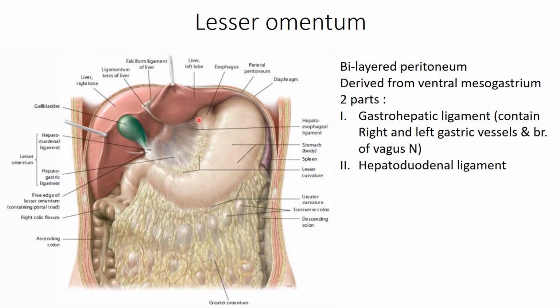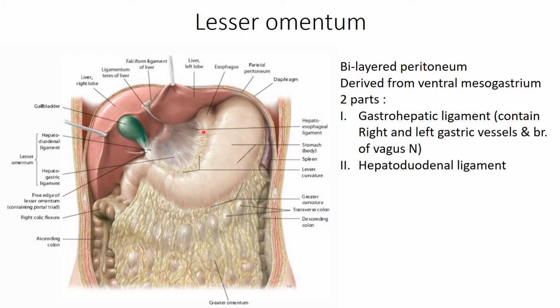Now the attachment to this gut tube: initially, this portion runs between the liver and the abdominal part of the esophagus, and this portion is extremely thin, known as the hepatoesophageal component or ligament.